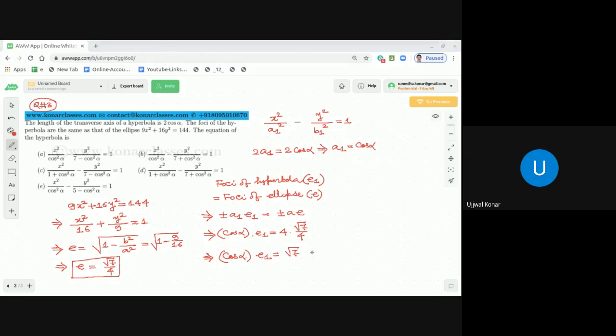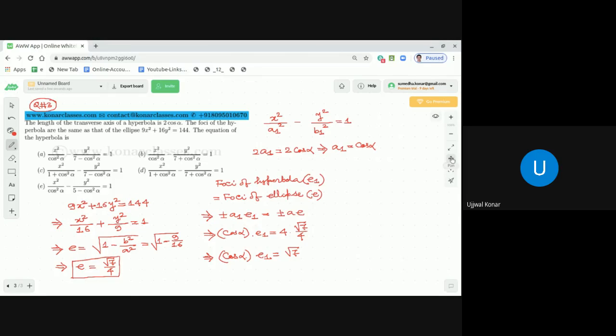Now, dear students, what is the eccentricity of a hyperbola? For a hyperbola x²/a1² − y²/b1² = 1, if its eccentricity is e1, then e1 = √(1 + b1²/a1²). Correct?